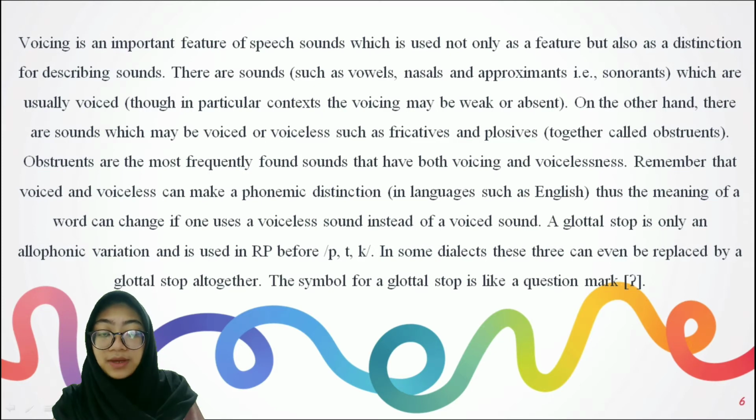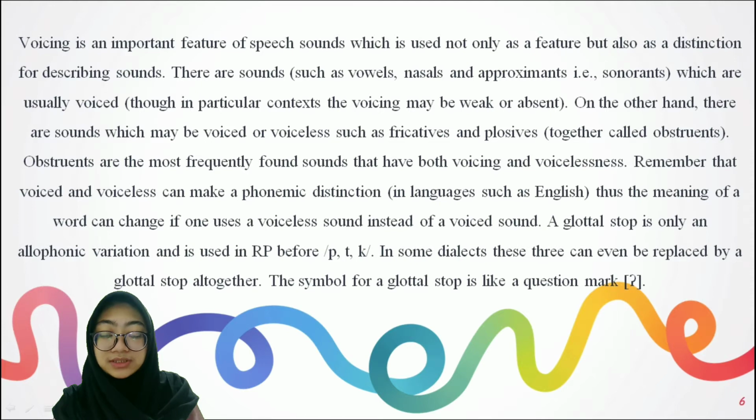The voicing may be weak or absent. On the other hand, there are sounds which may be voiced or voiceless, such as fricatives and plosives, together called obstruents. Obstruents are the most frequently found sounds that have both voicing and voicelessness.